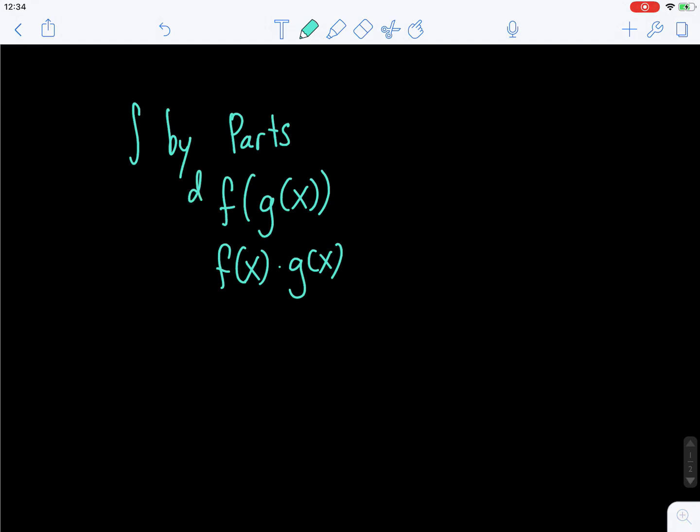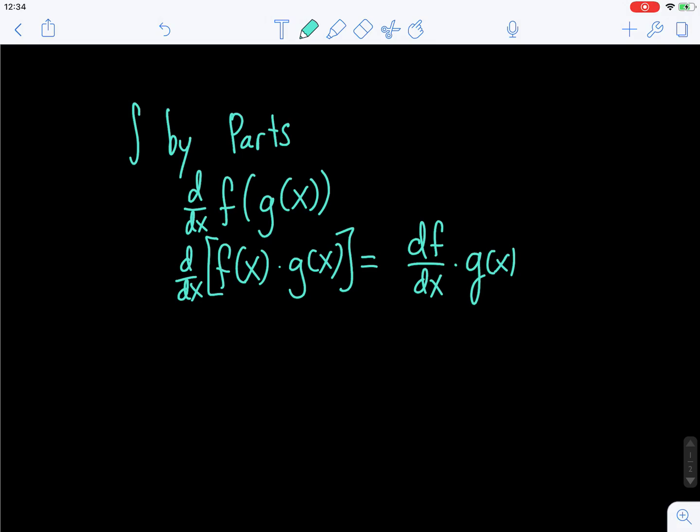So instead of deriving this, we are deriving the function on the bottom, which is a multiplication of two functions. Then we'll have df dx multiplied by g of x plus f of x multiplied by dg dx. Okay, and I can have an x here, doesn't matter.